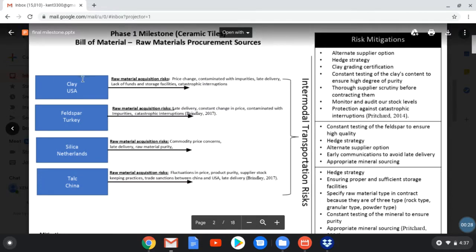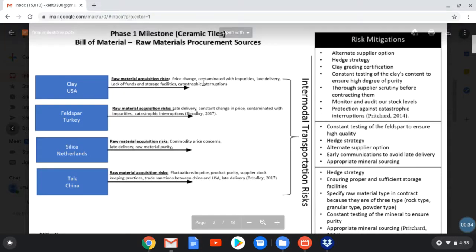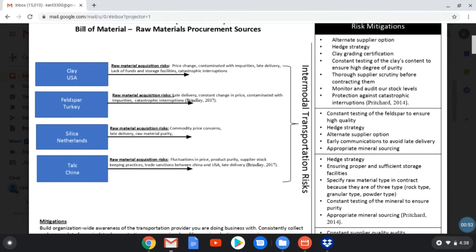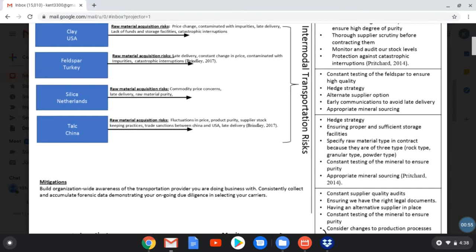Okay, all the raw materials that are sourced, the clay from the USA. As you can see, some of the risk mitigations associated with each one. This is sourced from Turkey, another raw material sourced from the Netherlands, another from China, and each has its own risk mitigation associated with it, as you can see.